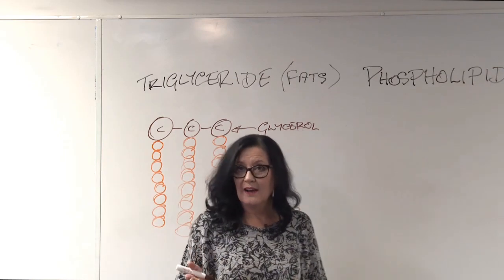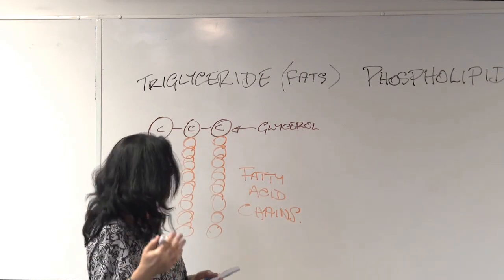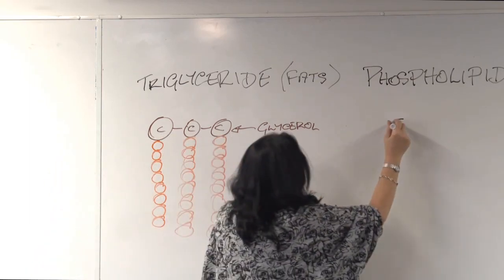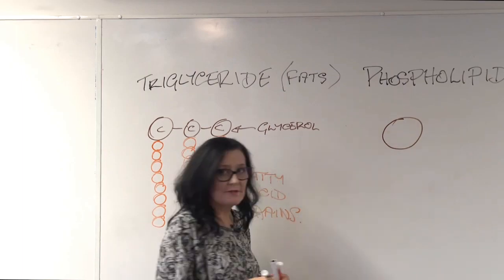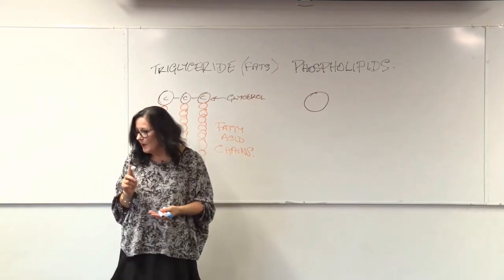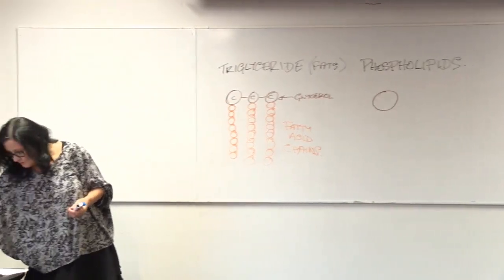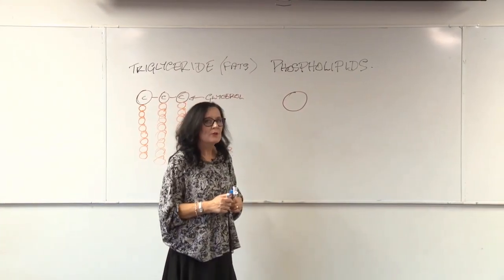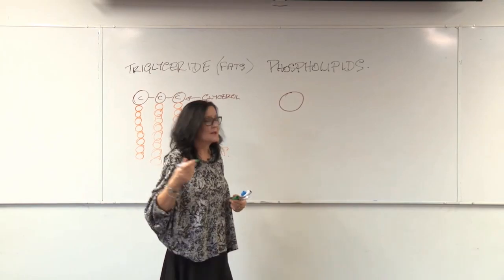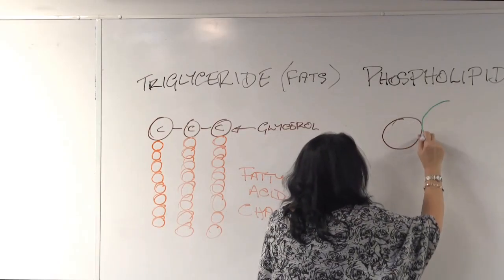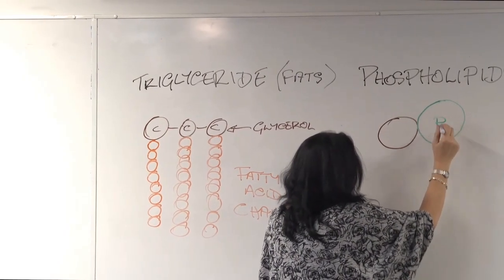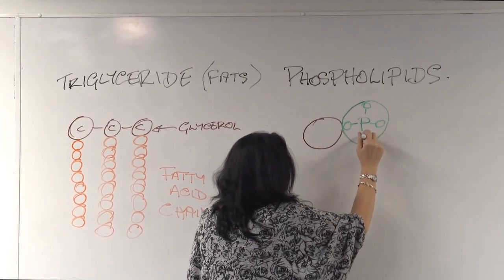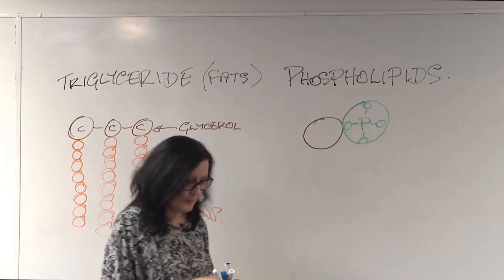So again, we have a molecule of glycerol. Generally, all fats have glycerol. But phospho, as the word might suggest, we also have a phosphate. Phosphate is basically one phosphate and loads of oxygen molecules, so it's called a phosphate group.